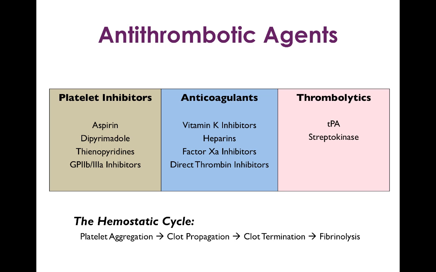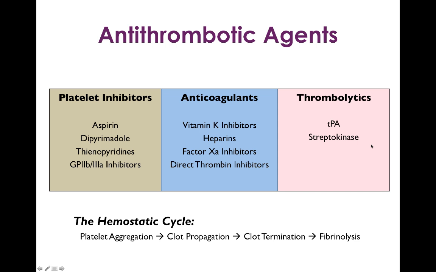Okay, so now let's talk about antithrombotic agents. And this can be really confusing, but I think the way to think about these agents is to think about the platelet inhibitors, aspirin, dipyridamole, the thienopyridine group of drugs, and the 2B3A inhibitors, the anticoagulants, vitamin K inhibitors, heparins, factor Xa inhibitors, direct thrombin inhibitors, and finally the thrombolytics, the 2 that you should probably at least recognize are TPA, or tissue plasminogen activator, and streptokinase.